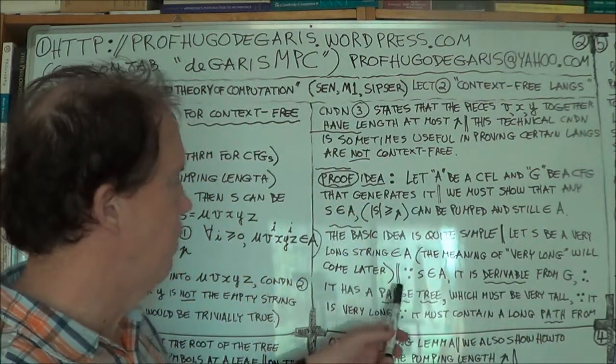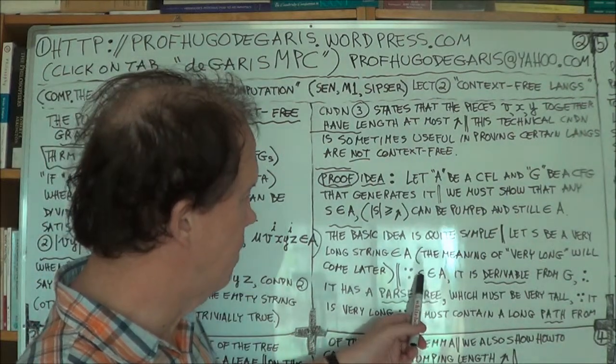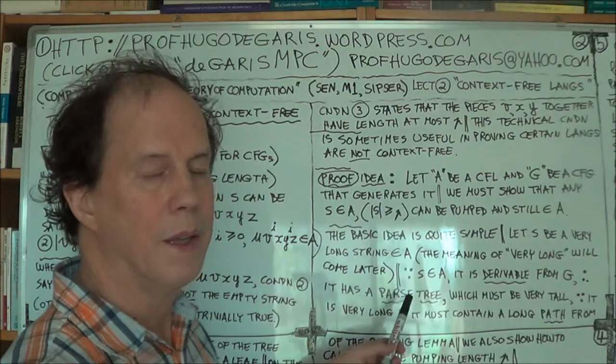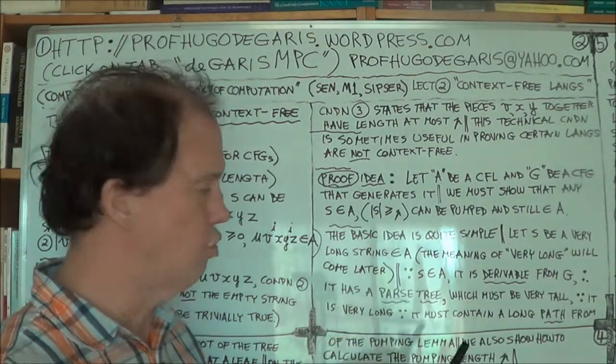Because this string can be derived from G, it will have a parse tree.